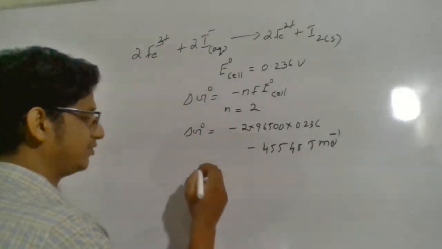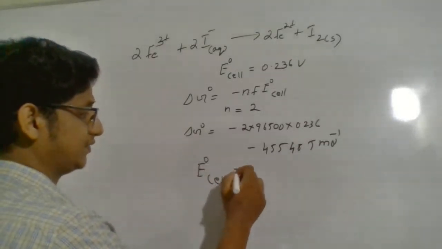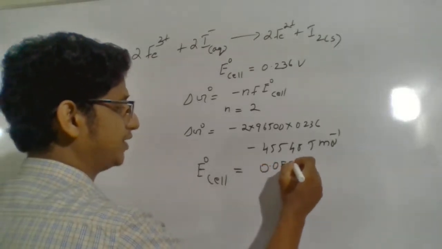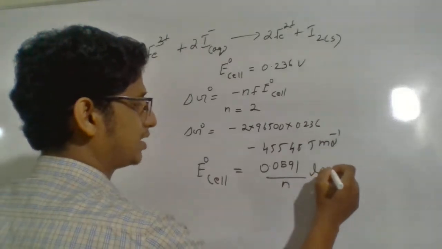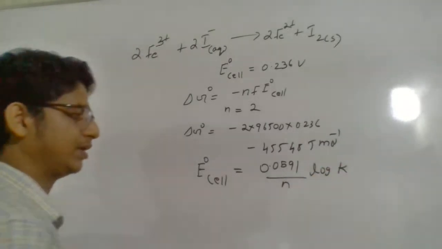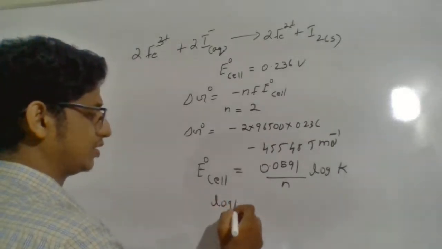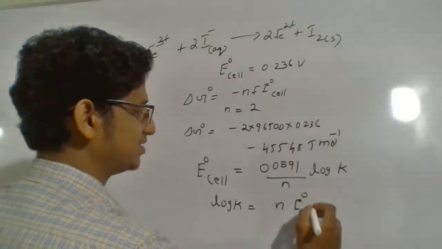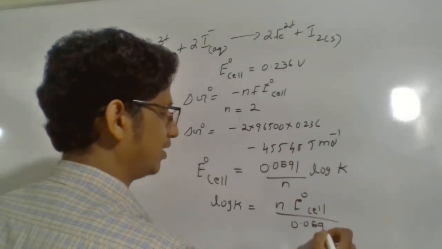We already derived the equation connecting the EMF of the cell and the equilibrium constant, which is E0 cell equal to 0.0591 divided by n log K, where K is the equilibrium constant. So to find the equilibrium constant, log K will be equal to n into E0 cell divided by 0.0591.